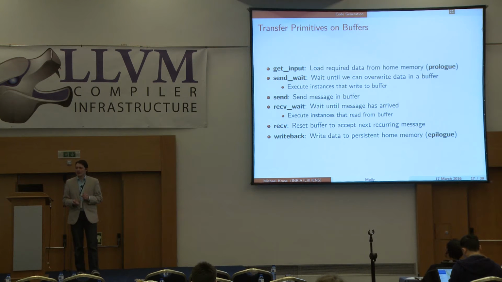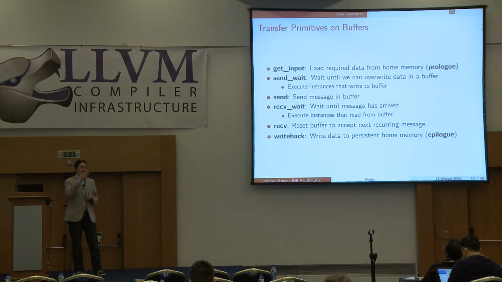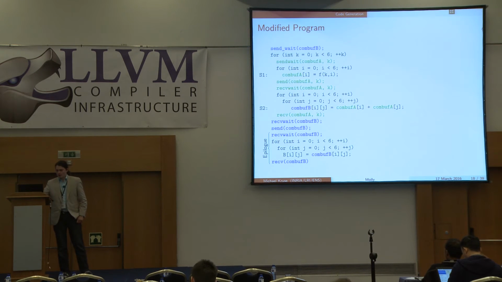We need something more because, while we are not in such a loop structure, we need what I called a home location. That is, while we're not in the loop structure, the data of a variable or array A, for instance, must be stored somewhere. This is a home location, which can be supplied by the user. Similarly, at the end of the scope, we need to write back the data to be available for the next execution of a loop structure. If we add this to the program, it would look like this.